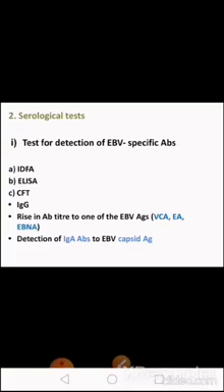IgG antibodies indicate past infection, and rise in antibody titer to the viral capsid antigen or early antigen or Epstein-Barr virus nuclear antigen indicates current infection. Detection of IgA antibodies to Epstein-Barr virus capsid antigen in the serum is a screening test for early detection of nasopharyngeal carcinoma.